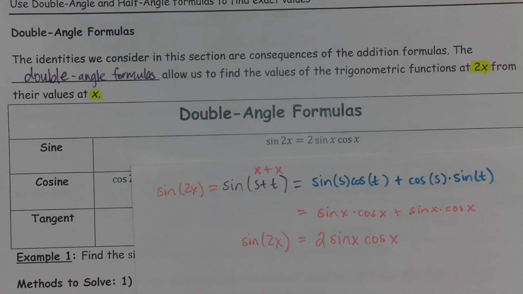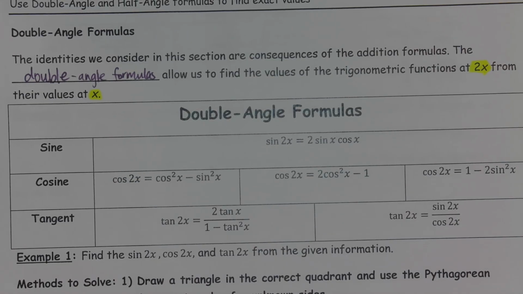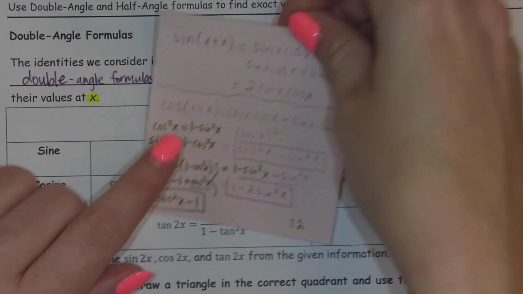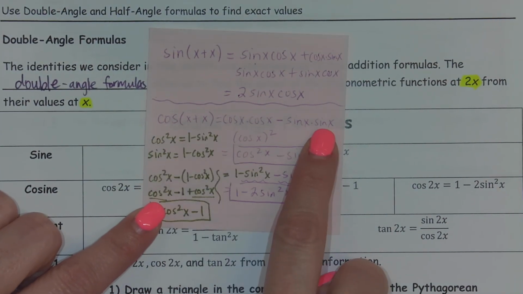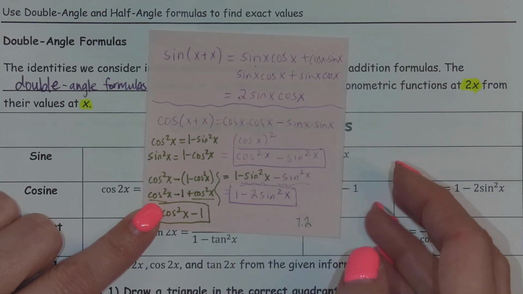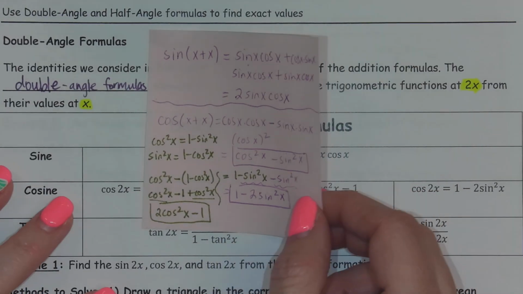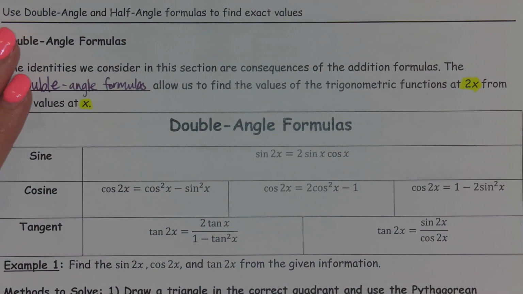So you can prove all of these formulas just by using your double angles. I wrote out the cosine one too. Like if you have the cosine of x plus x, you get the cosine of x squared minus the sine of x squared. Okay, it's not imperative that you know those. I just want you to know where they come from, how all the things we're doing are tied together.